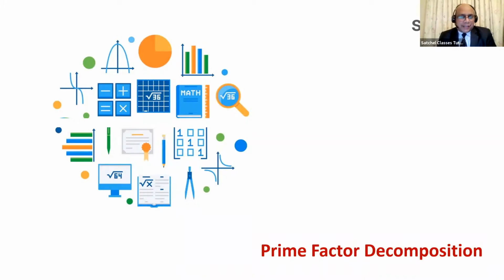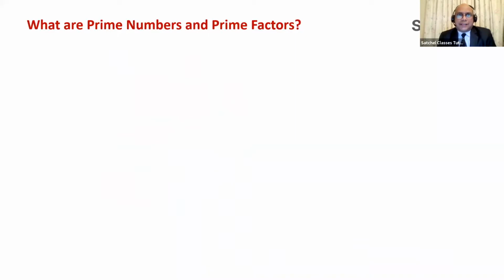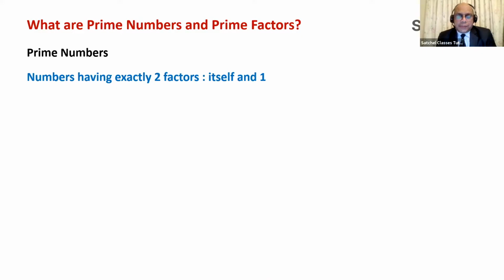So let's get started. The first big question to answer is what are prime numbers and what are prime factors? Well, you must have learned about this definition in your school. Prime numbers are numbers which have exactly two factors, itself and 1.